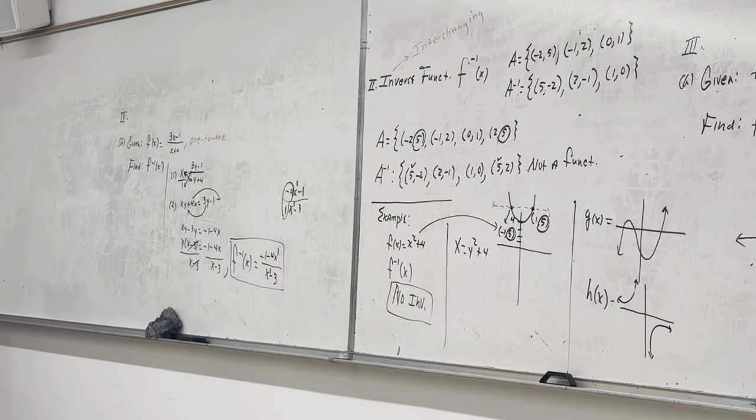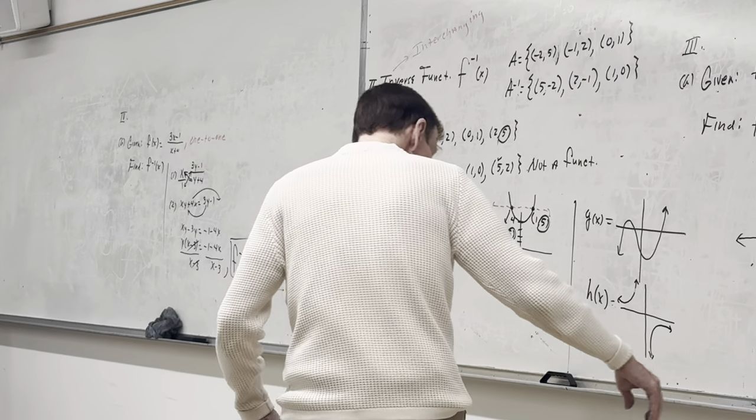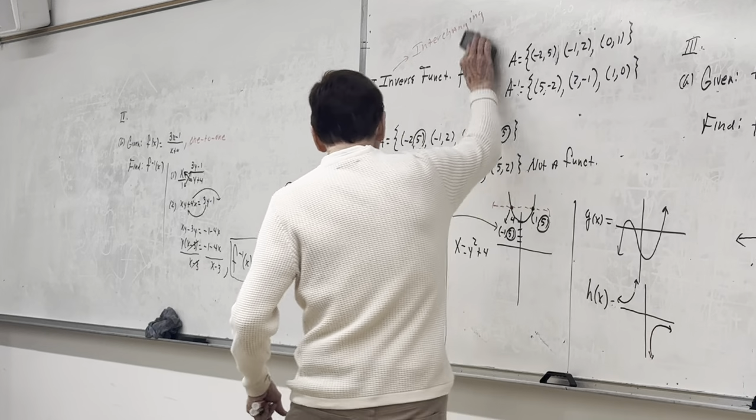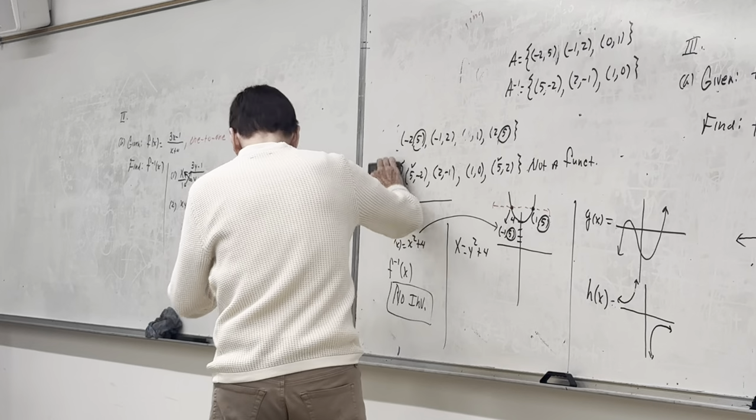Now, will this work for all numbers? Well, this is where you guys show the composite. I'm going to ask you to show it in one direction. If it works, we have the correct inverse.